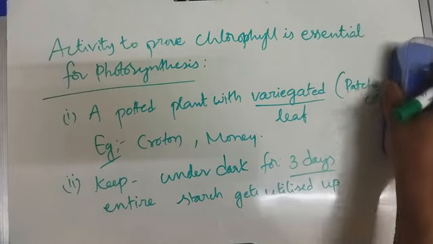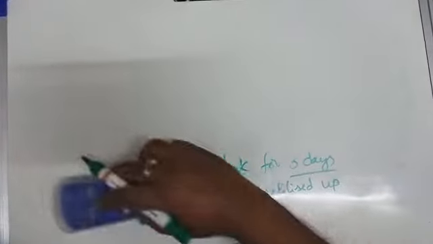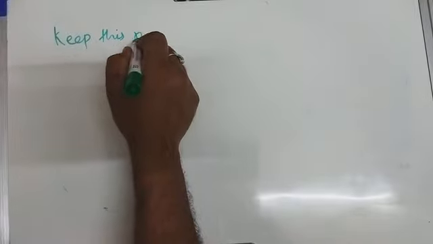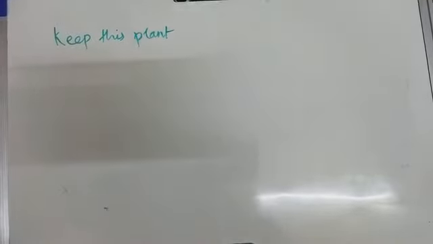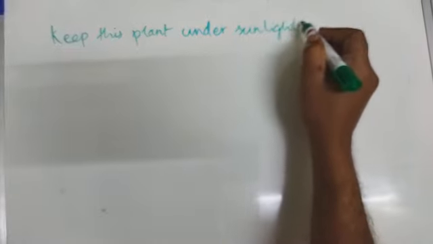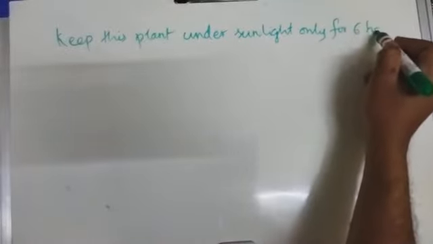Now you take this potted plant out from the dark, and keep this plant under sunlight for only 6 hours.